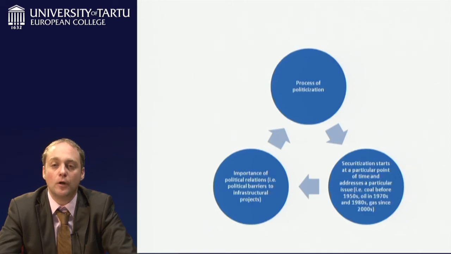For example, coal industry was much more securitized in 1920s than now. Also in 1970s and 1980s, the importance of oil security was much higher than now. However, since 2000s, we observe a securitization, read an extreme politicization of natural gas.